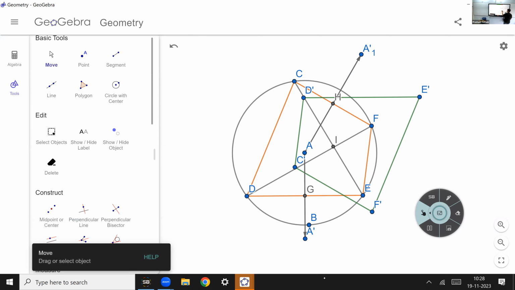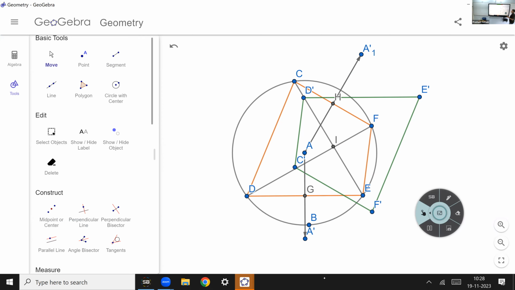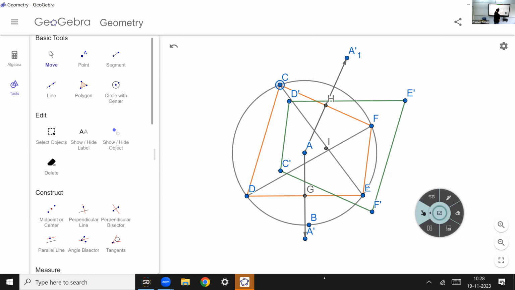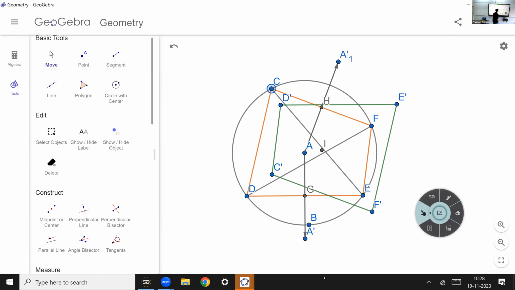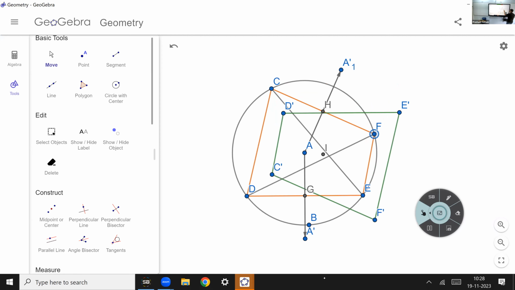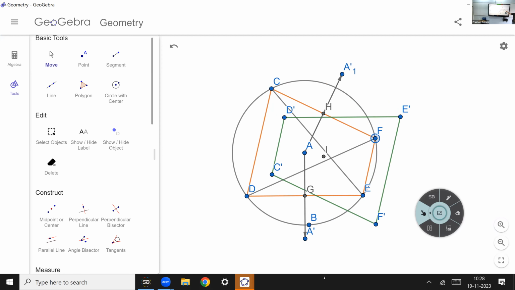So my claim is that this I is the midpoint of all these pairs, not just CF. You see that I is also the midpoint of D dash E. I is also the midpoint of DE dash. I is also the midpoint of CF dash. So all four of them are passing through the same point. Let me just move it a little bit. Okay, so therefore all those lines pass through I.